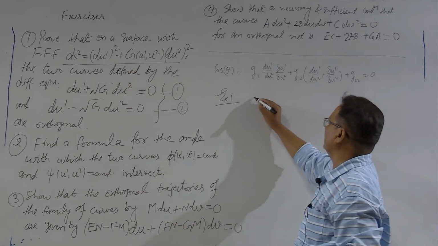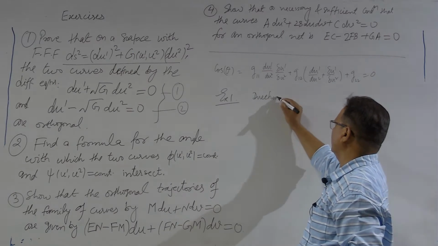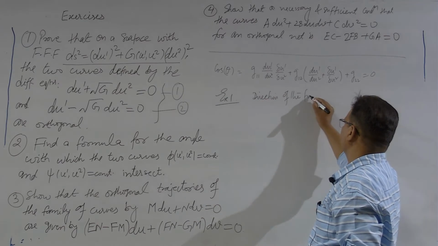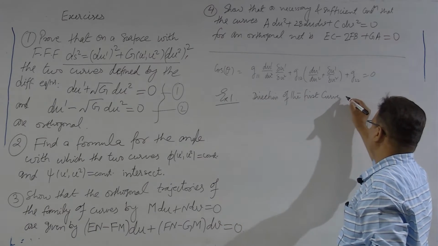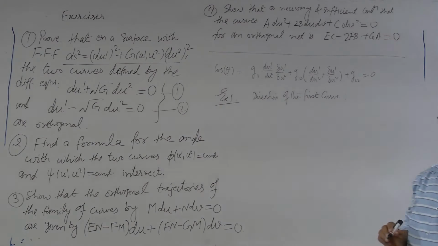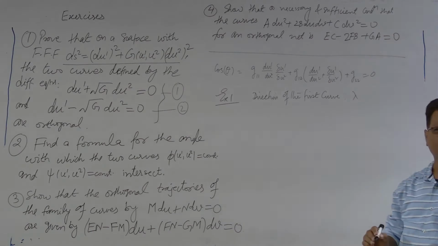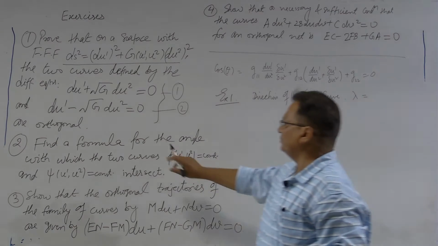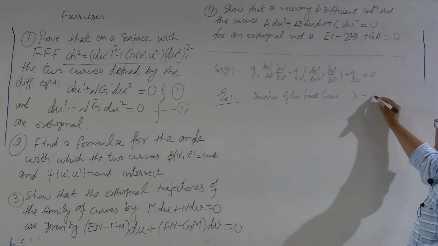So, direction of the first curve, and instead of calling it du1 over du2, I will call it lambda. See how much is du1 upon du2? It is minus times under root g.